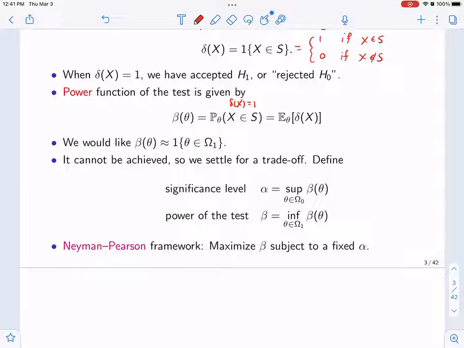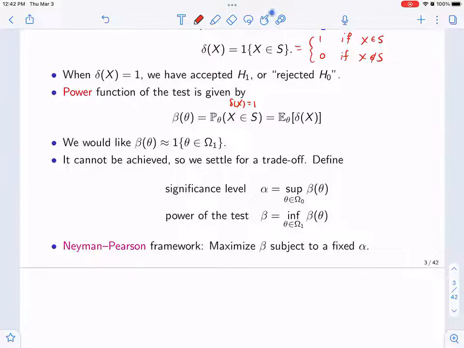And so if I gave you a significance level 0.05 and you manage to stay below 0.05, it means that under the null, for any theta in omega naught, no matter which one you pick, if you repeat the experiment many times, at most 5% of the time you're going to reject, which is what classically 5% or 1% is what people have been working with.